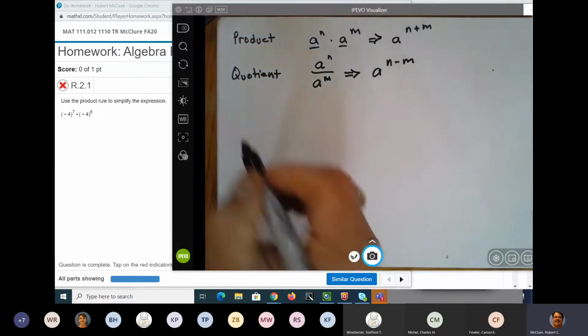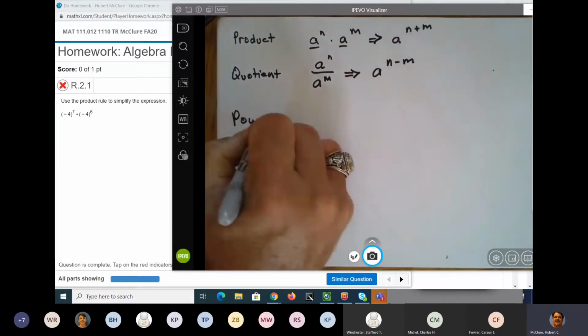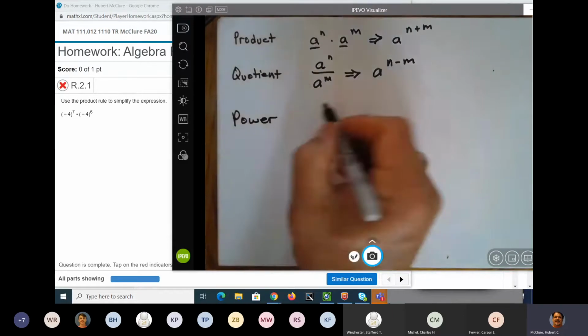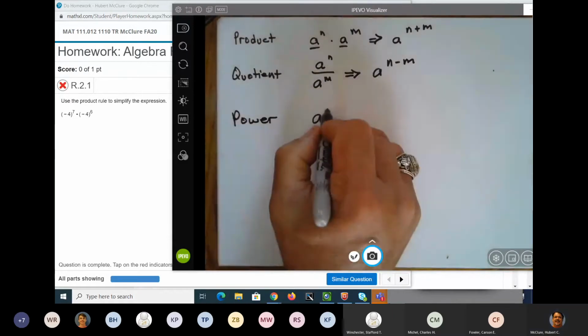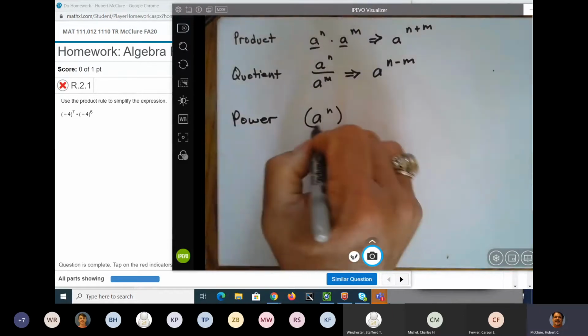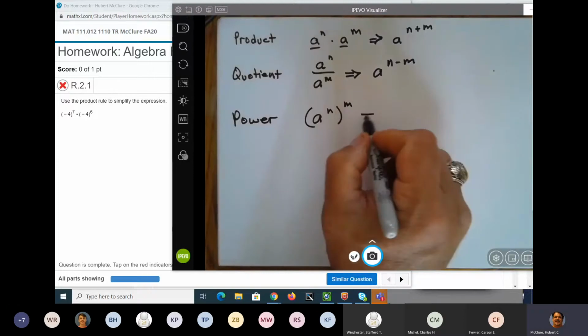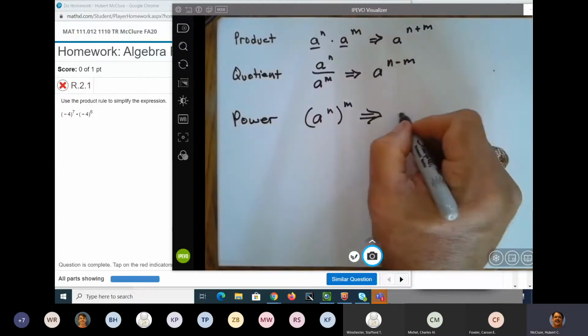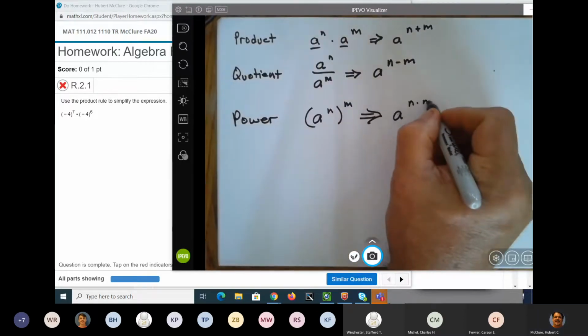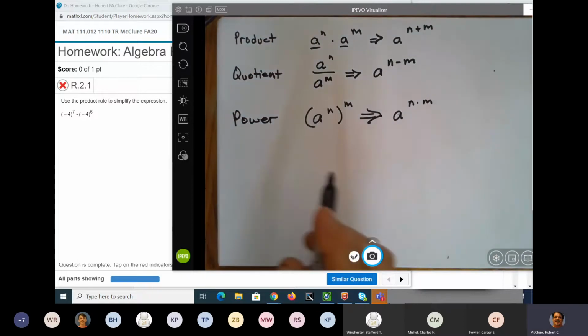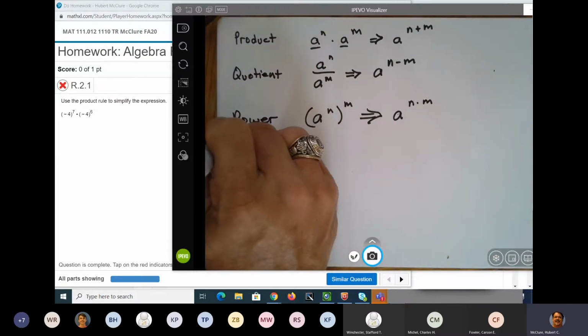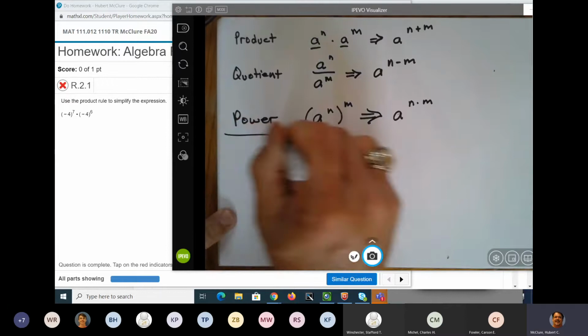The power rule says if I raise a power to another power, I multiply the exponents. Those are calculating laws. Okay.